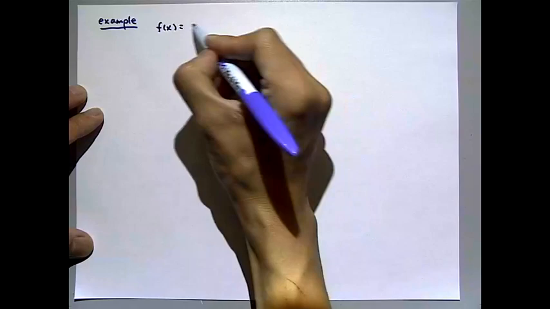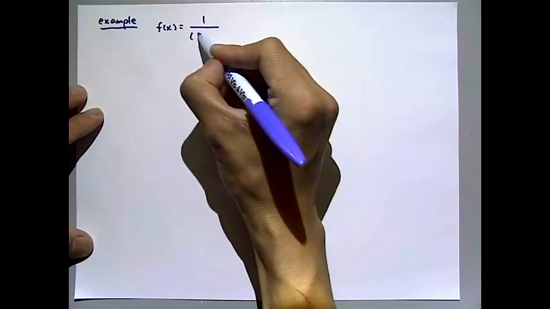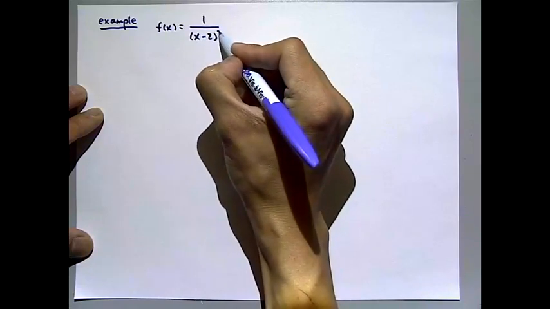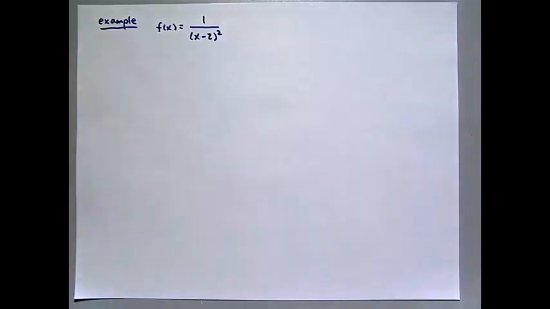We'll look at this one right here, a little simpler. One over x minus 2, the whole thing squared.